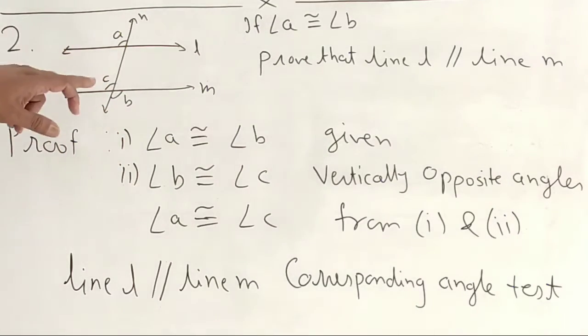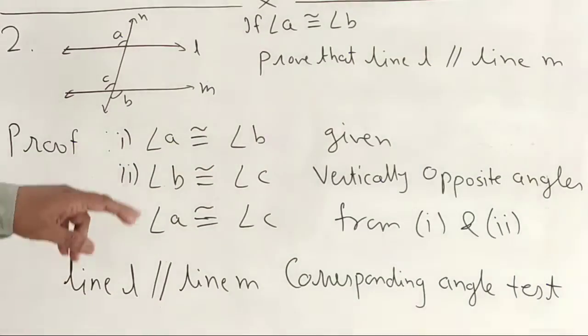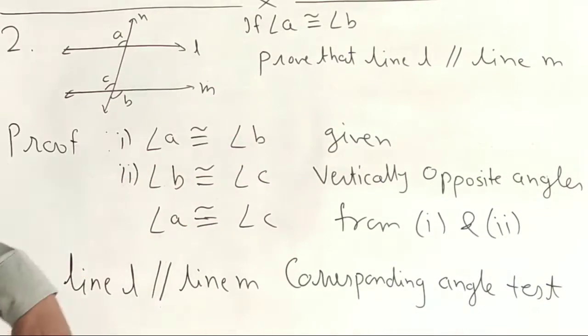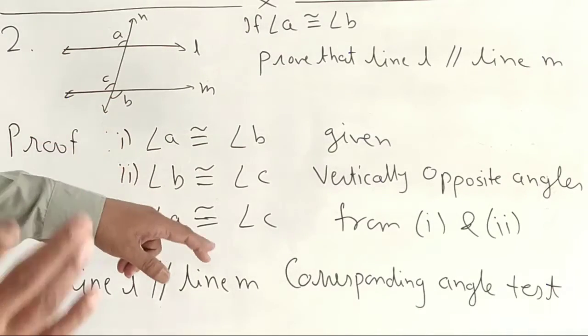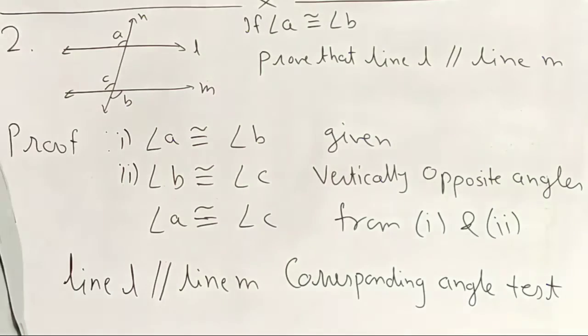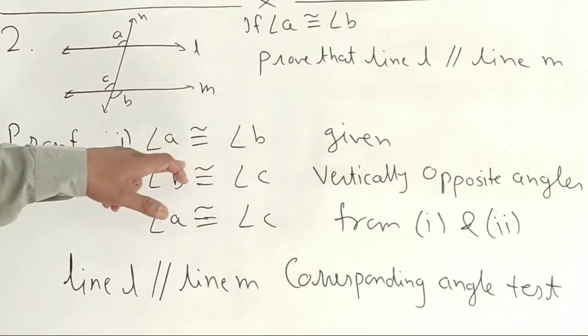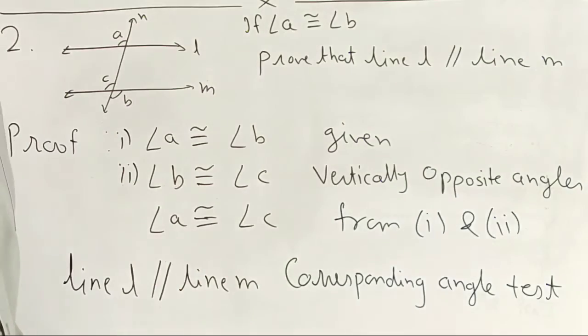Now steps, proof. Angle A congruent to angle B, given. Angle B congruent to angle C, reason: vertically opposite angles. A congruent to B, B congruent to C means A congruent to C, that is transitivity.